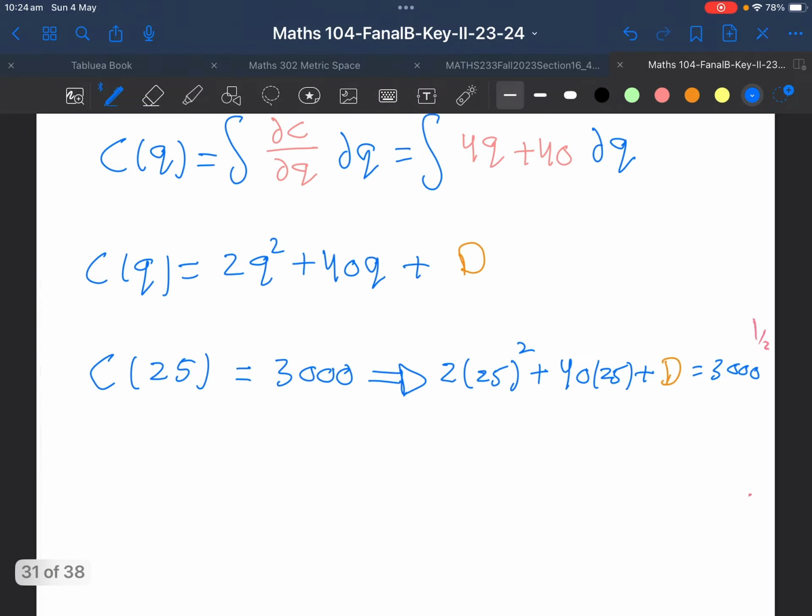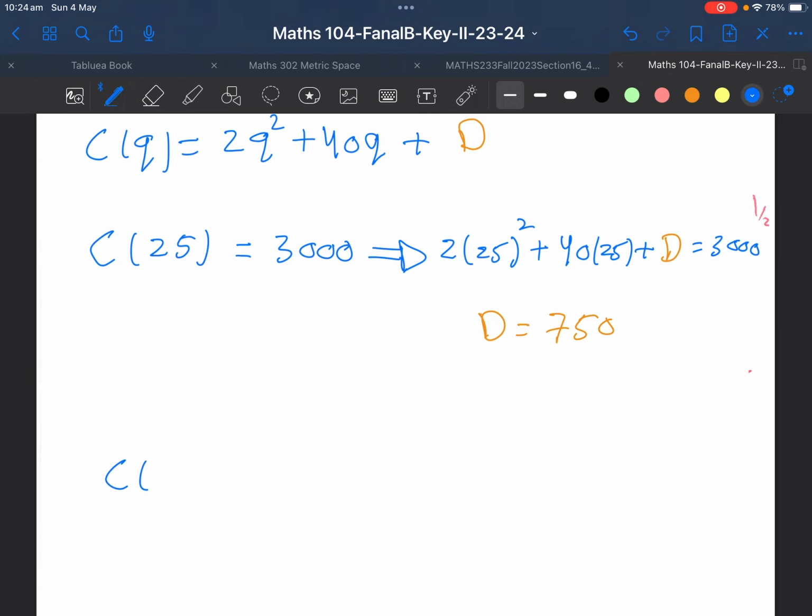Now, if we do that correctly, the answer for D alone will be just 750. And that's my D. Once you have your D, you can go back and write the original function for yourself. So C of Q equals 2Q squared plus 40Q plus 750.